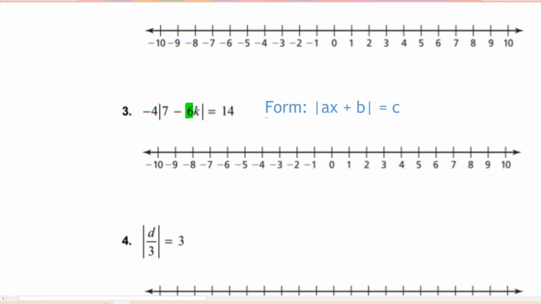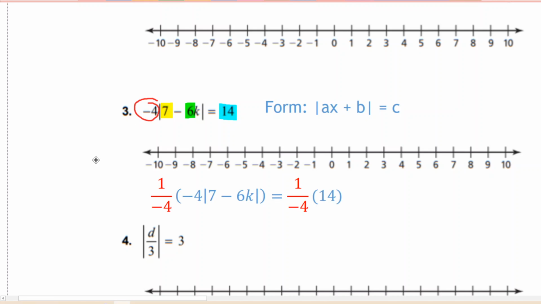Sure, we have an a multiplied by k plus a constant 7 equal to 14, but we also have this number right here, that negative 4. Basically we have a number that's outside the absolute value. So we're going to have to get rid of that first.